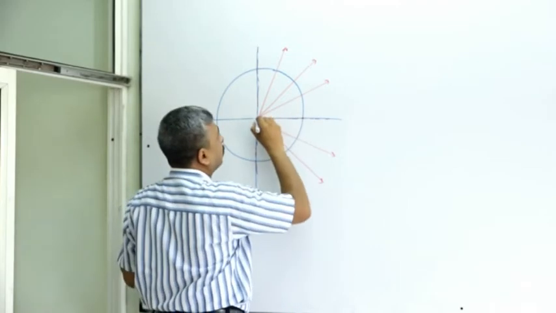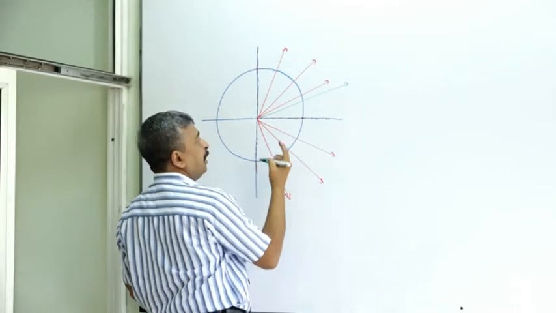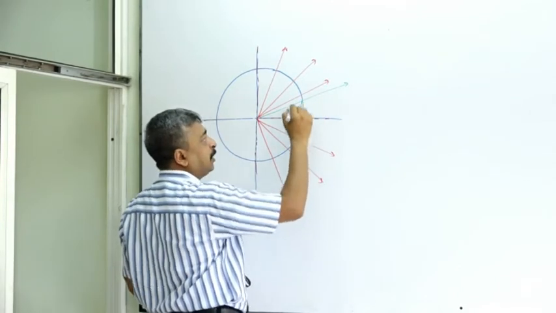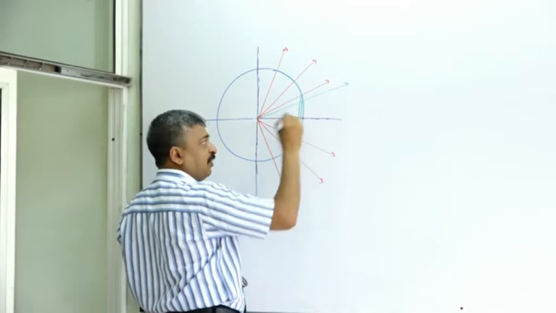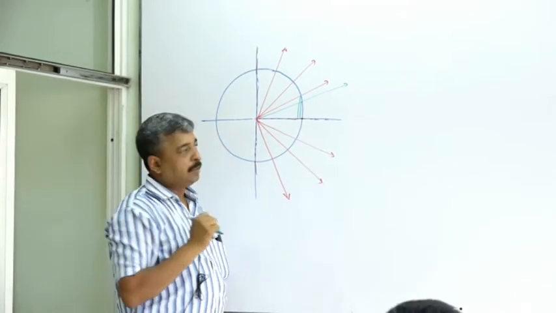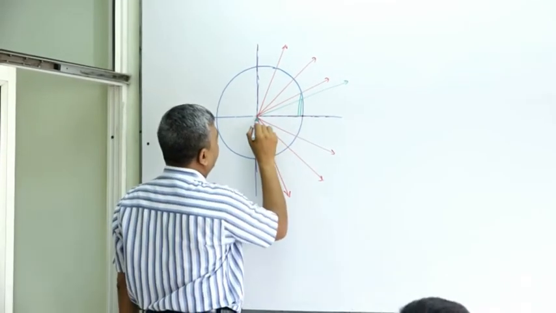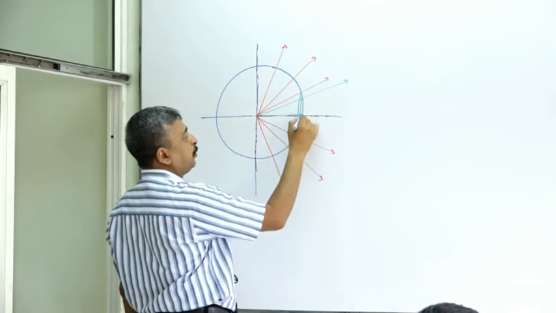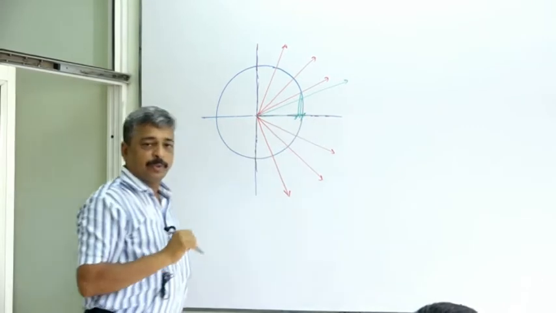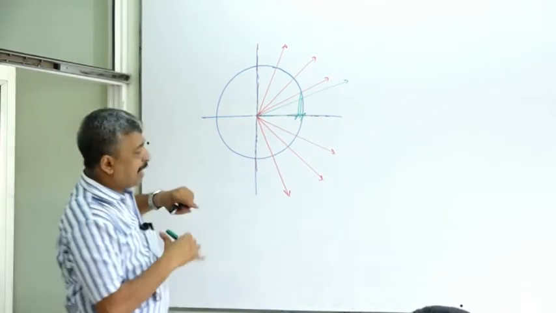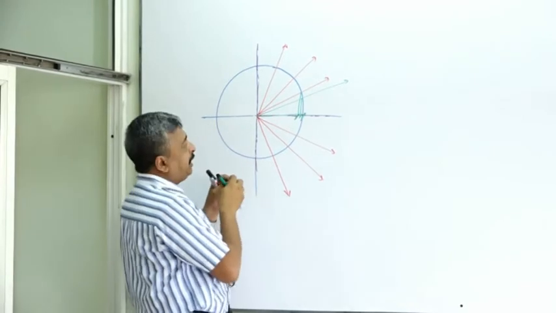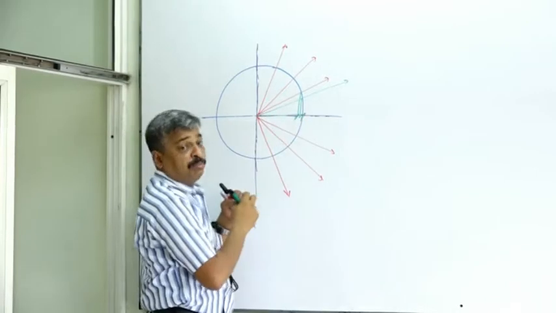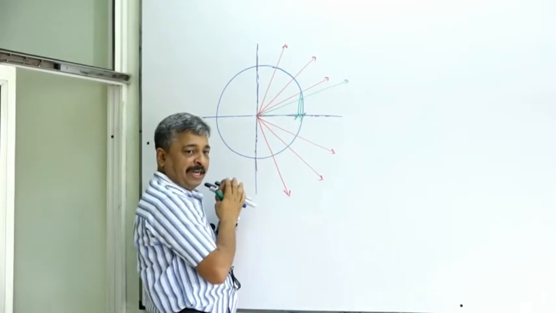Suppose I draw any terminal ray here, which is between 0 to 30, then its sine value is this distance, which is between 0 to half. And its cos value is this distance from here to here, which is between 1 and root 3 by 2. Can you see that? Therefore, I will be able to predict values of these terminal rays as far as sine and cos are concerned, between these standard angles.